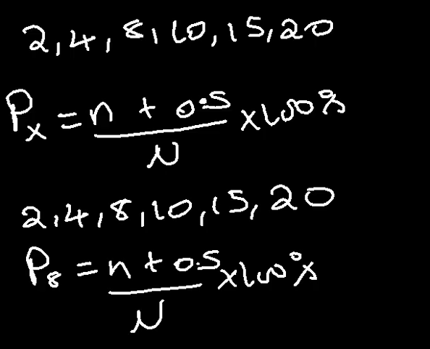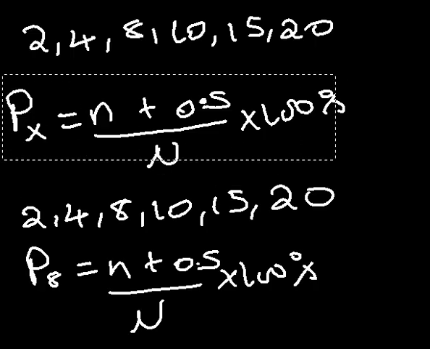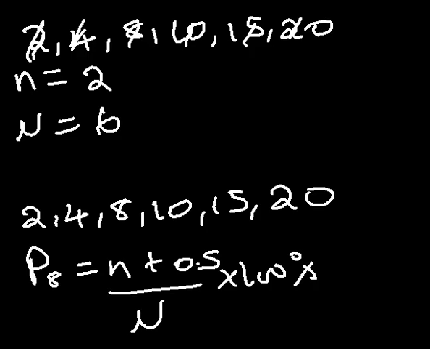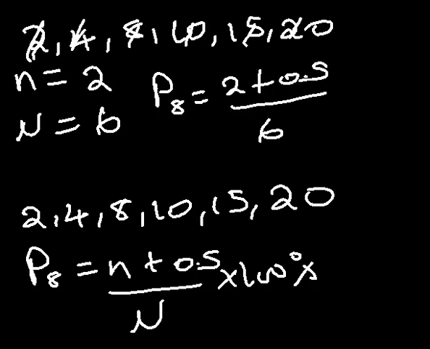So now what is the value of n, which is the number of values below 8? You have 1, 2, so we have 2. The total numbers given are 1, 2, 3, 4, 5, 6, so we have 6. So what is the percentile of 8? We'll have 2 plus 0.5 divided by 6 times 100%.